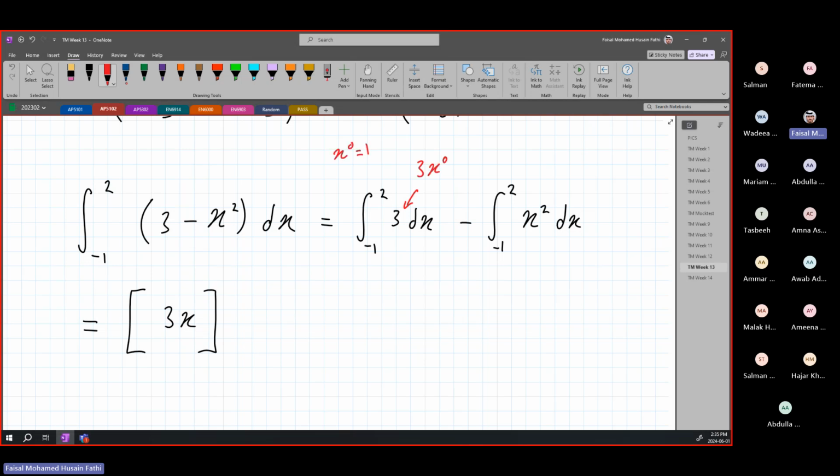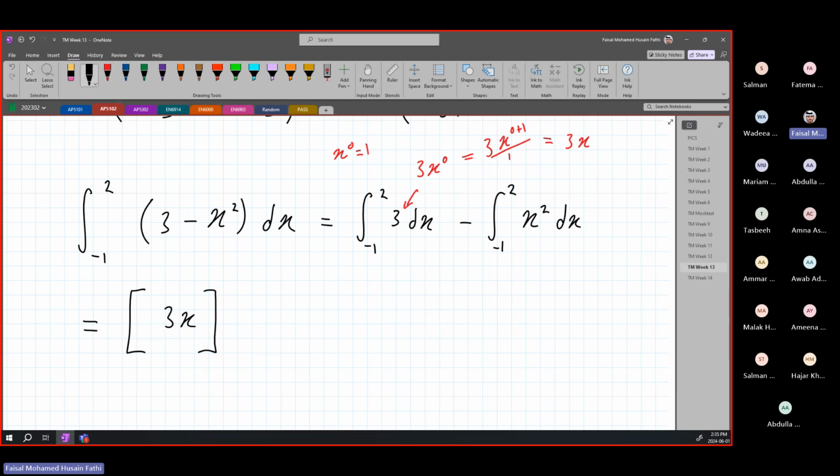So this is the same as 3 times 1, or x power 0. If we do the general rule here, this is going to be 3x 0 plus 1 over 1, which is equal to 3x power 1, which is x, over 1, which is just 3x. Okay, so this is why the integration of 3 is 3x, or of any constant, it's going to be x.